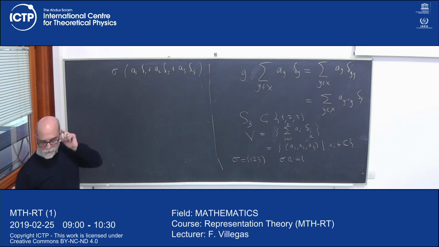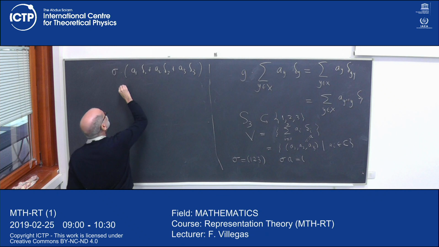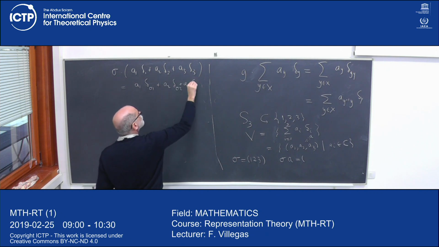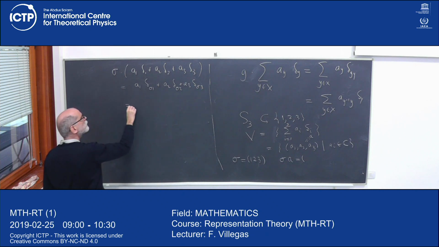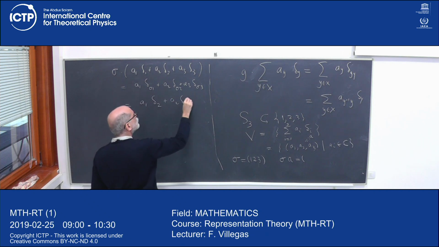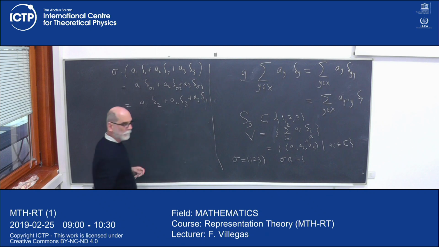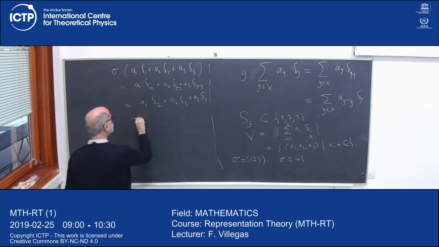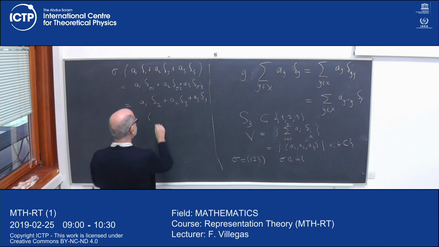You can think of the deltas as being the standard basis, if you like. So now this is A1 delta_sigma(1), A2 delta_sigma(2), A3 delta_sigma(3). So this is A1 delta_2, A2 delta_3, A3 delta_1. Yeah, it acts on the indices of my basis vectors. And so this is A3, A1, A2.